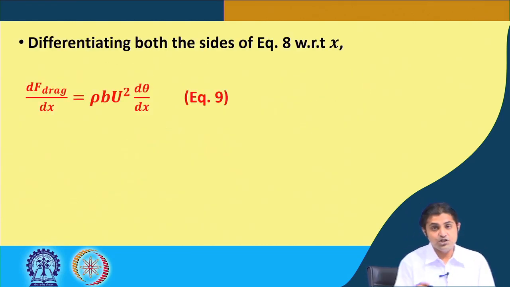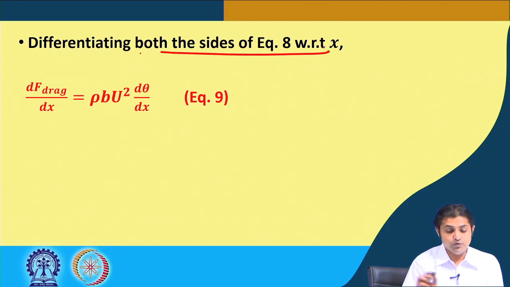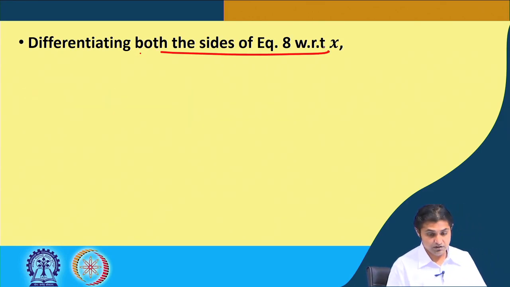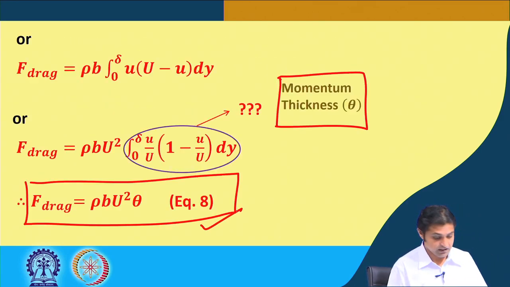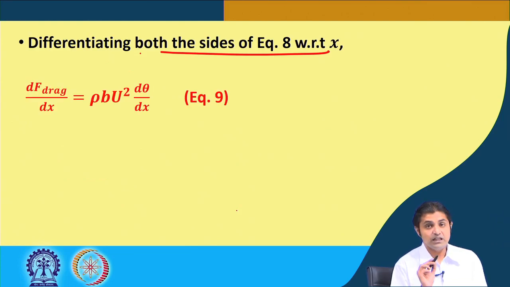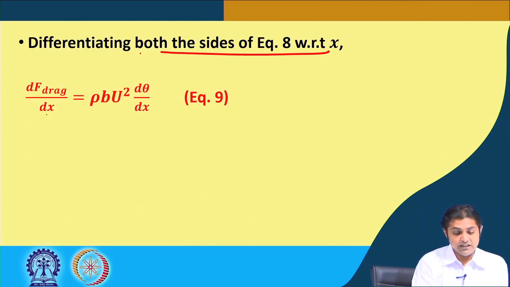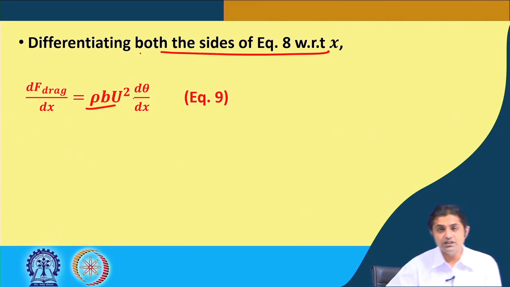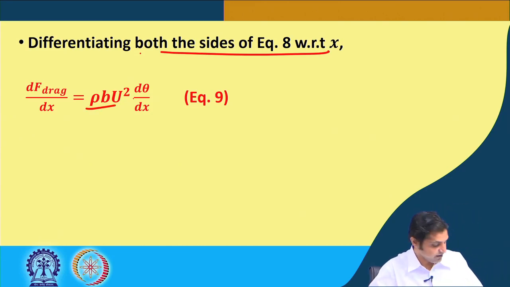If we differentiate both sides of equation number 8 with respect to x, we get dF drag by dx is equal to rho b U square, other things being constant, d theta dx, and we can write this as equation number 9.